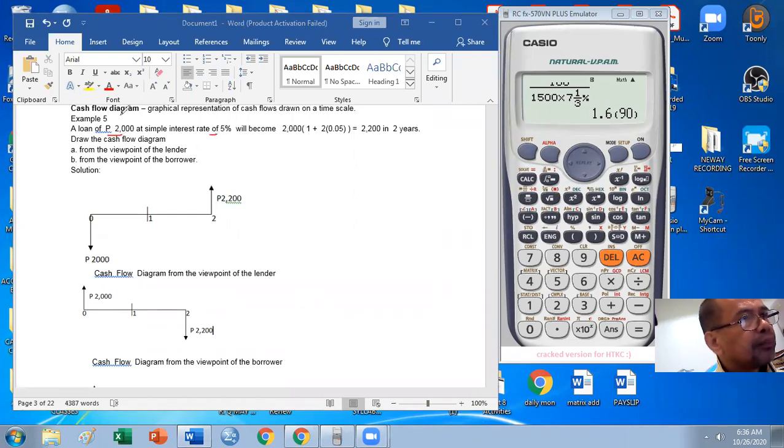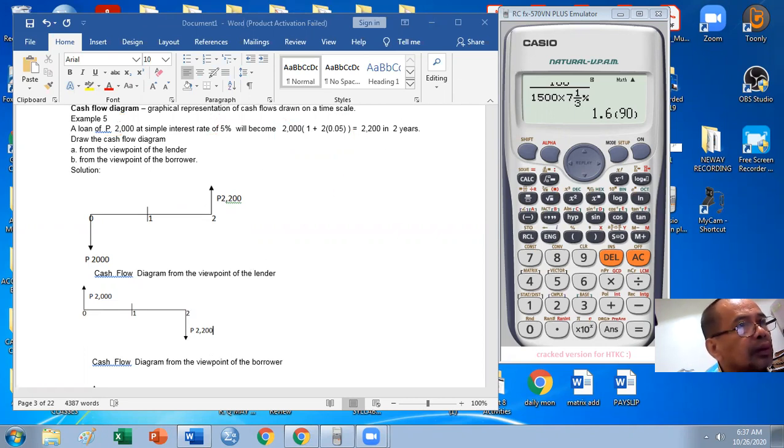So, this is the P, this is the I. After 1 year, this will be its value, which is 2,200. This is the cash flow diagram from the viewpoint of the lender. Why downward? Because you paid out money, you are the lender. But after 2 years, you will be paid, so this will be positive. The cash flow diagram from the viewpoint of the borrower, of course, you receive the money, positive. Then negative when you pay.